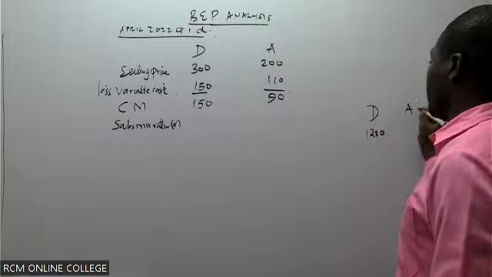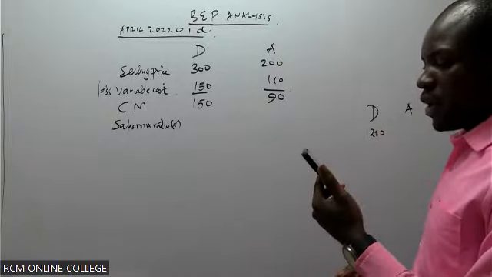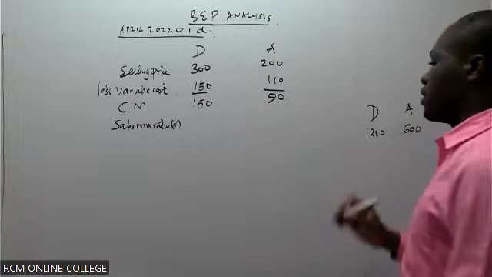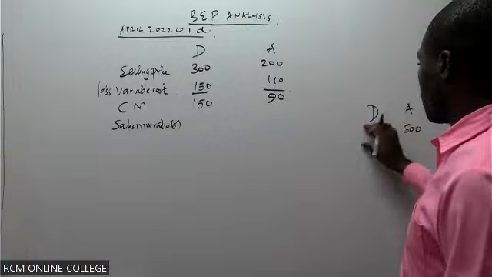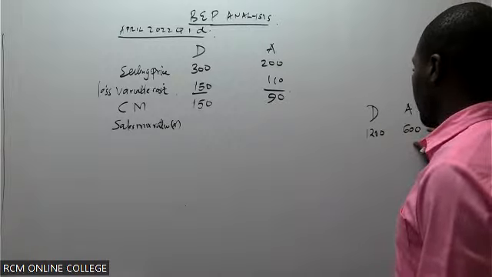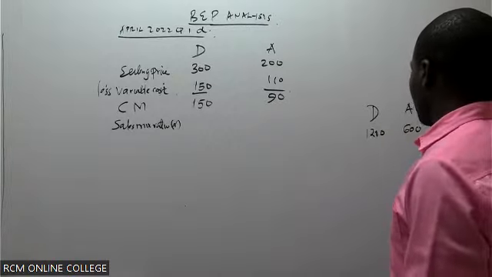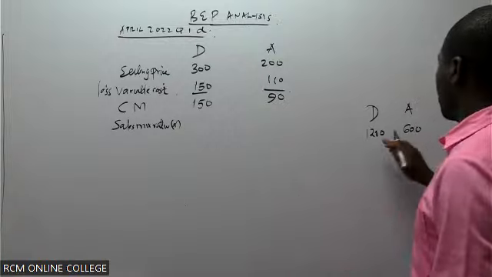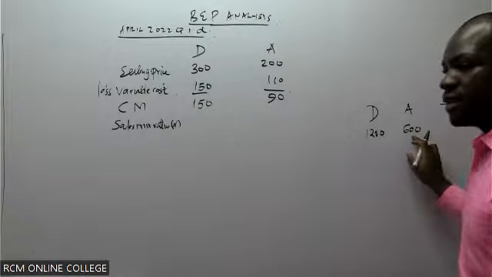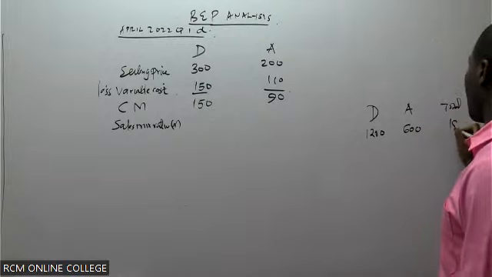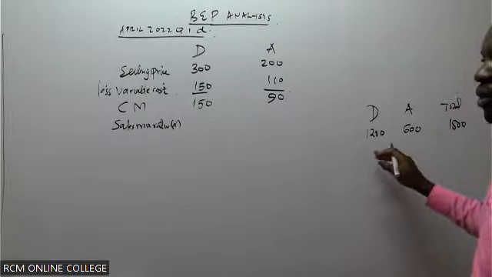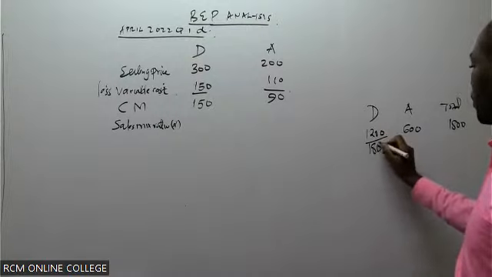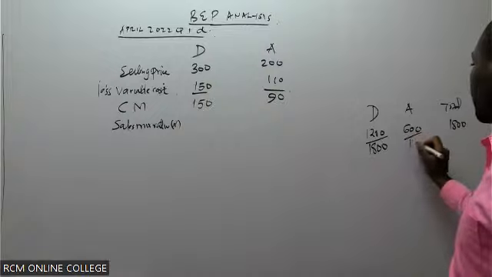For product A, the company has projected sales of 600 units. The total number of units is 1,200 plus 600, which gives us 1,800. So, of the total, D has 1,200 and A has 600.